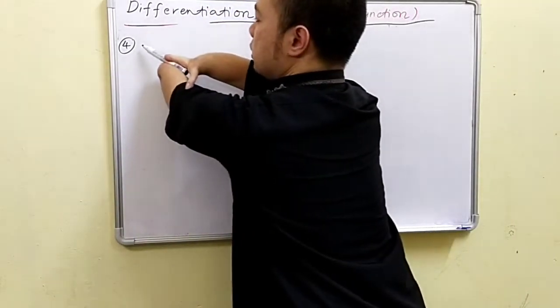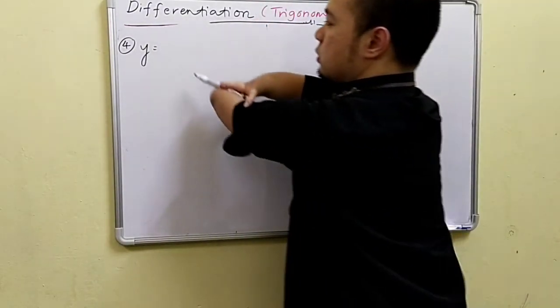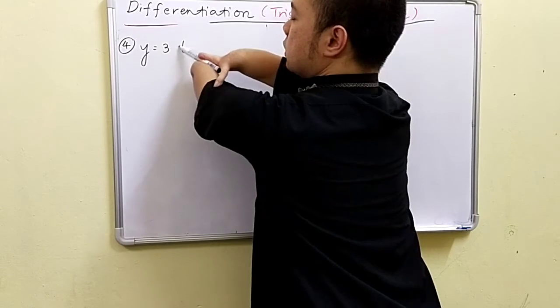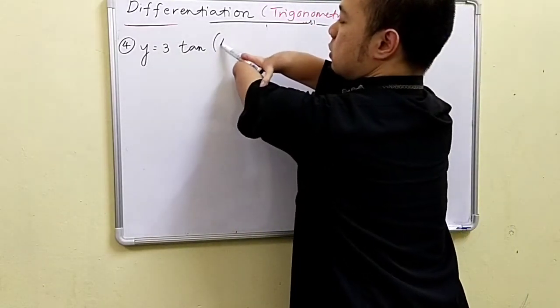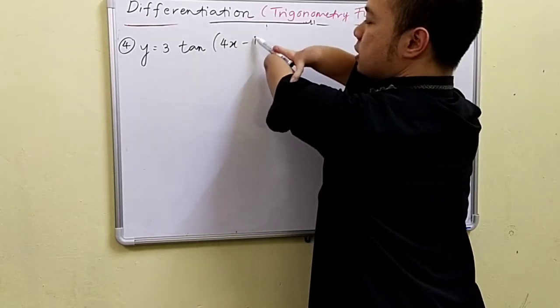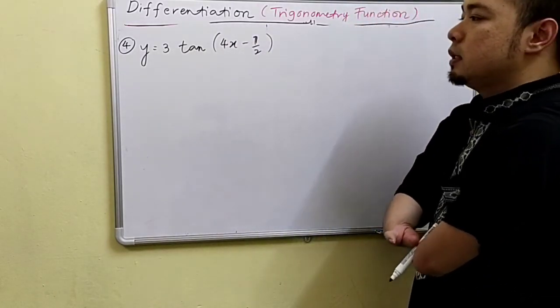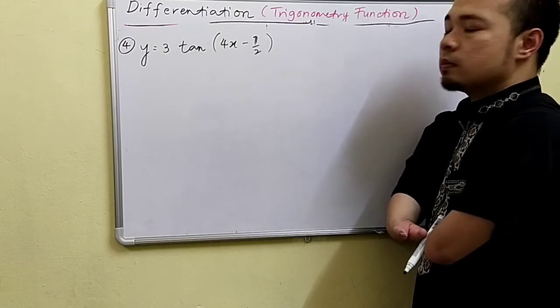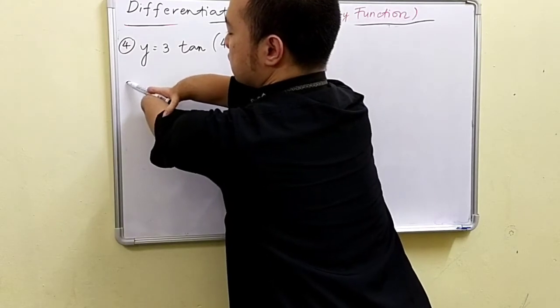Let's say, what if we have something like this? y is equal to 3 tangent in bracket 4x minus pi over 2. Okay, 3 tangent in bracket 4x minus pi over 2. How to find dy over dx?